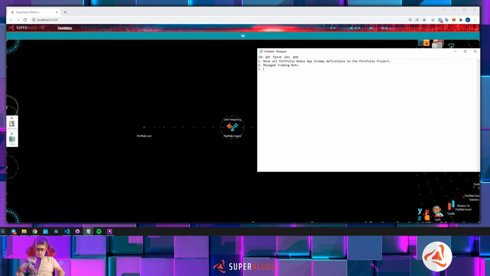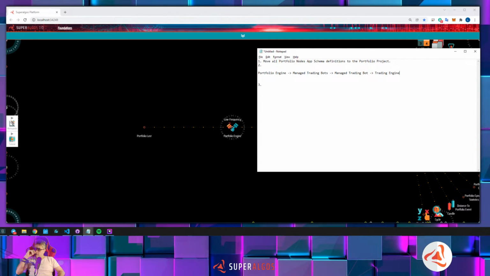Then we're going to say portfolio engine has a child manage trading bot, which is an array of, okay, which will have one child that is a trading engine.